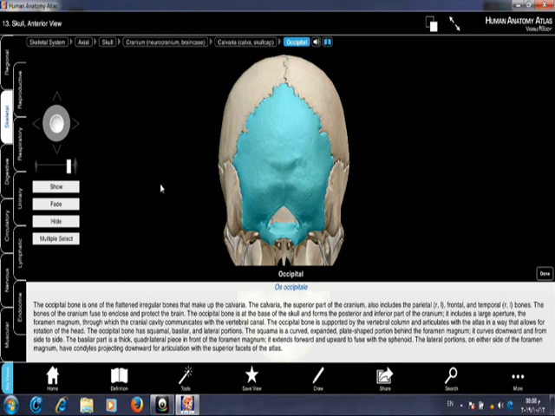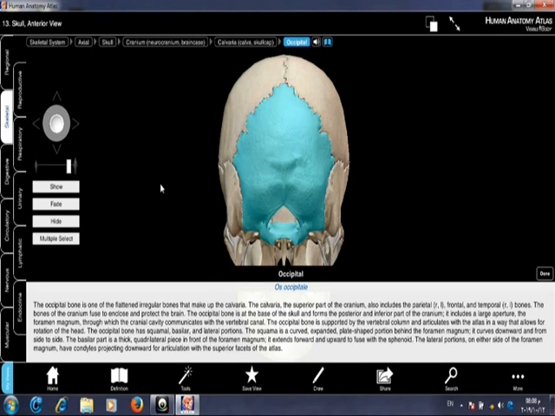The occipital bone is one of the flattened irregular bones that make up the calvaria. The calvaria is the superior part of the cranium, and also includes the parietal, frontal, and temporal bones. The bones of the cranium enclose and protect the brain.